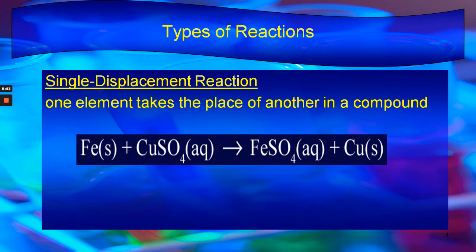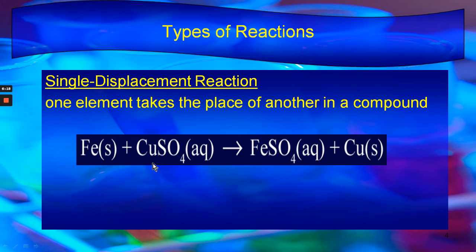So S is for solid, AQ is aqueous, L is for liquid, and G is for gas. Okay, so if I had just simple iron solid, and I placed it in a copper sulfate solution, copper(II) sulfate solution. This is a solution, and it would be a blue colored solution. And you can do this easily in the lab.